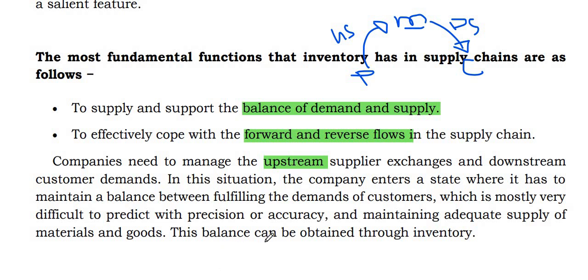So this balance can be obtained through inventory. So this is the use of inventory. For accuracy and for precision, malalaman ng isang kumpanya kung ano ba yung mga kailangan na i-supply, mga kailangan na i-distribute sa isang market because of the inventory.